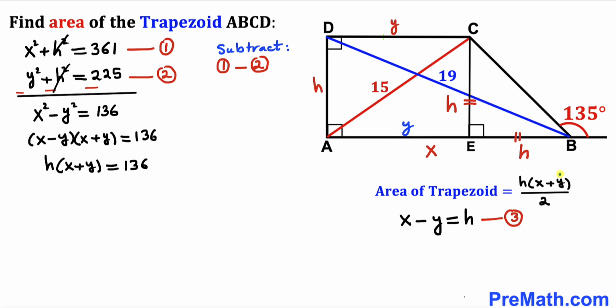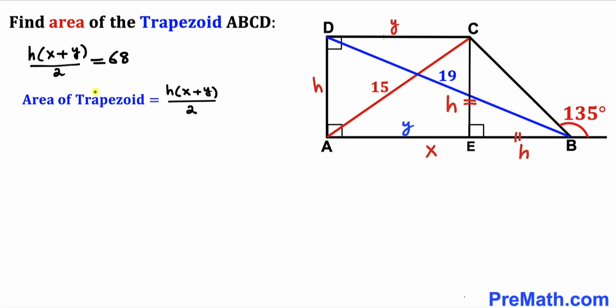And now let's focus on this area of trapezoid equation, h times x plus y divided by 2. So therefore I am going to divide both sides by 2. And here on the right hand side, 136 divided by 2 is 68. So therefore we got h times x plus y divided by 2 turns out to be simply 68.